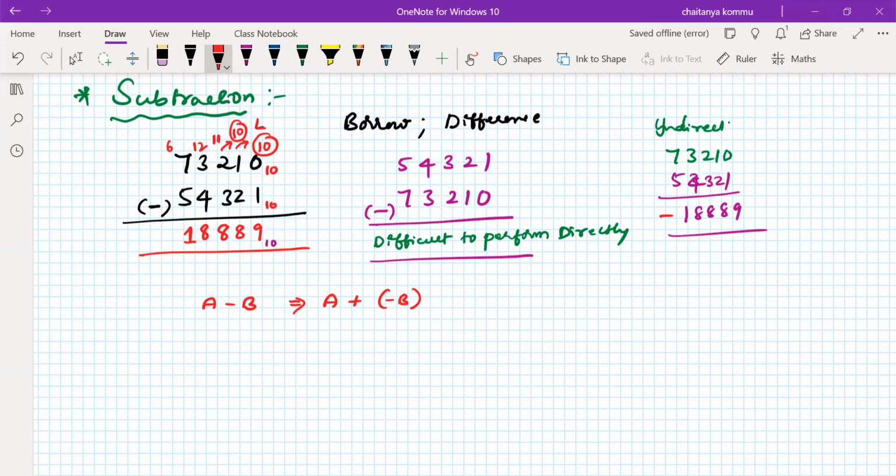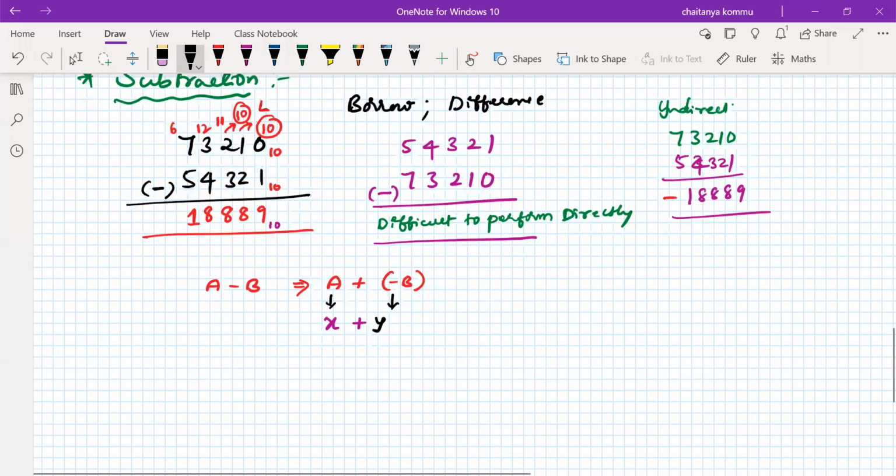So suppose this is x, we can call it plus, and this is y, we can call it minus. So for a positive number, I don't have any problem. If I have a negative number, I want to use a different methodology. That means I want to represent negative numbers by some means.